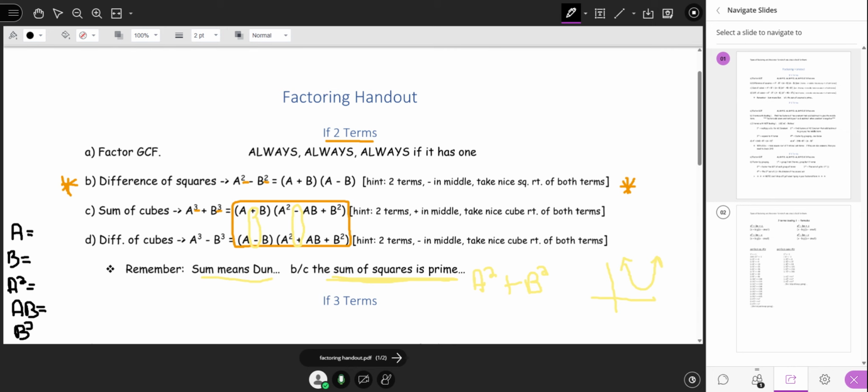And I will show you how to do these when we get there.